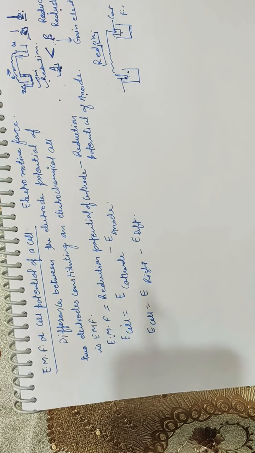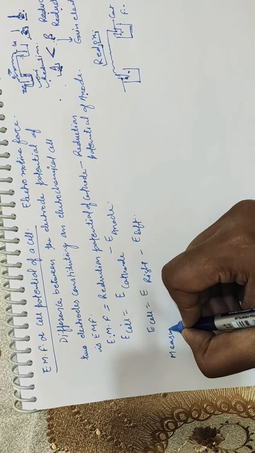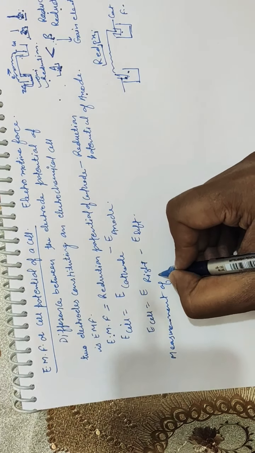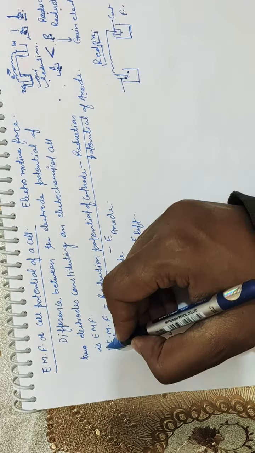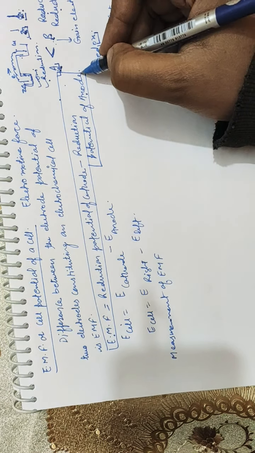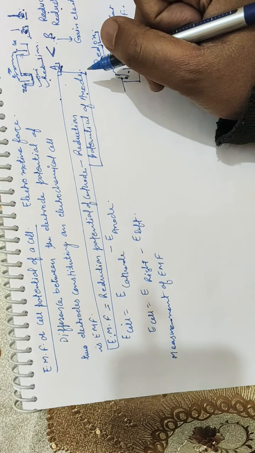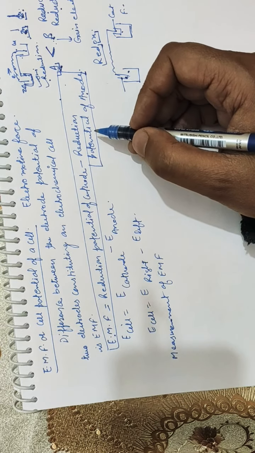Next is the measurement of EMF. Always keep this equation in your mind. It will come again and again and help you solve many of the numerical problems in the exam: the reduction potential of the cathode minus the reduction potential of the anode.